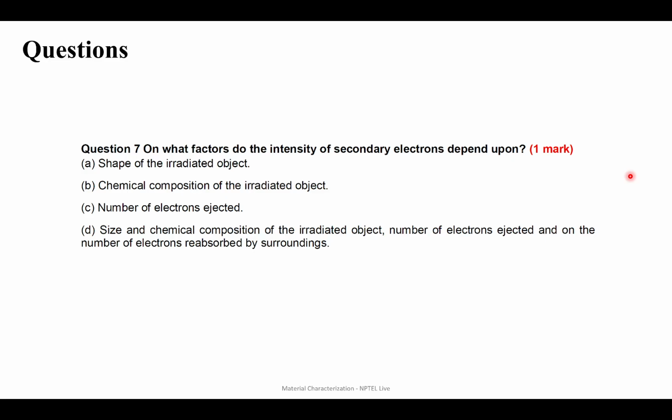On what factors does the intensity of secondary electrons depend? Shape of irradiated object, chemical composition of irradiated object, number of electrons injected, shape and chemical composition of irradiated object, number of electrons ejected, and the number of electrons resorbed by surroundings.